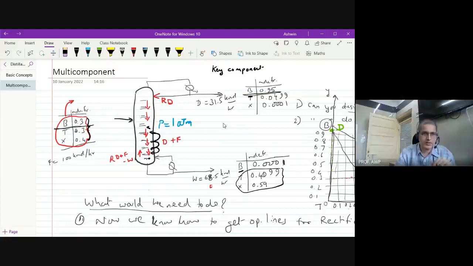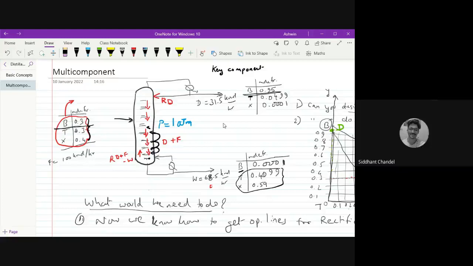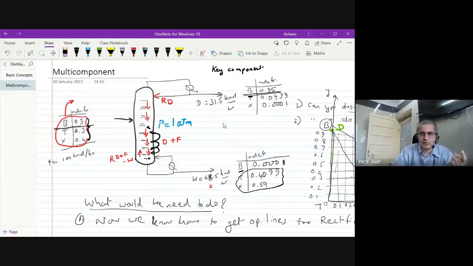In the rectification section, we are enriching benzene in the vapor. That's why it is called the rectification section. But you are saying that we are enriching benzene from toluene. Correct, because you want essentially no xylene here. So all the xylene is going to go to the bottom of the column, isn't it?